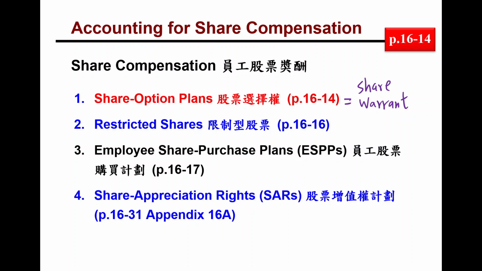Okay. So the first is we give our employees the right, the option. So your employees in the future could pay additional money to buy your company's shares. Okay, so that's the first compensation we have. Second is restricted shares, 限制型股票. So restricted shares, actually, we give our employees shares with some restrictions.